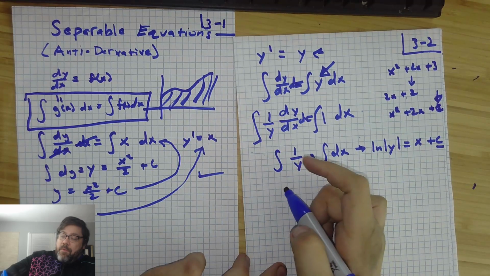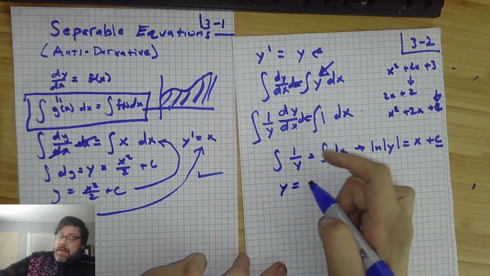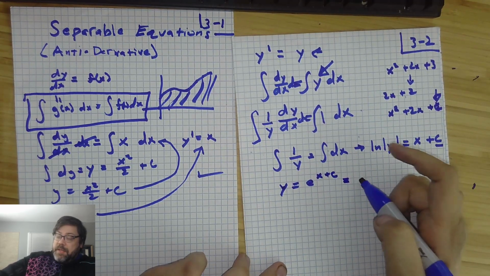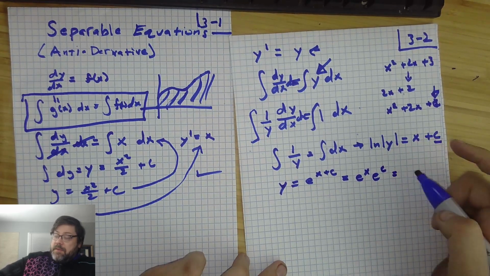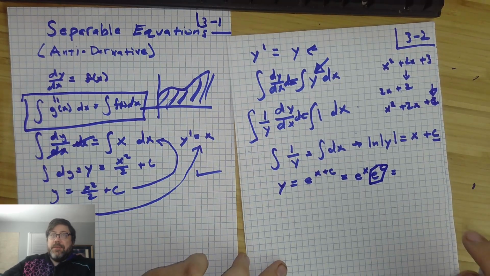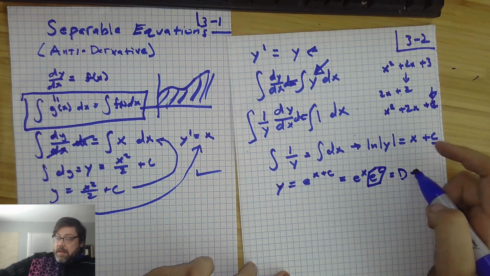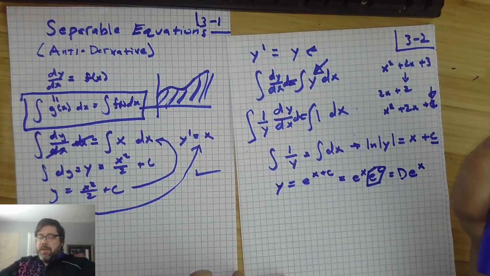E to the ln of y is just y, times e to the x plus c. E to the x plus c is just e to the x times e to the c. E is just a number, c is just a number, so I'll call it d, e to the x, where d is our new constant.